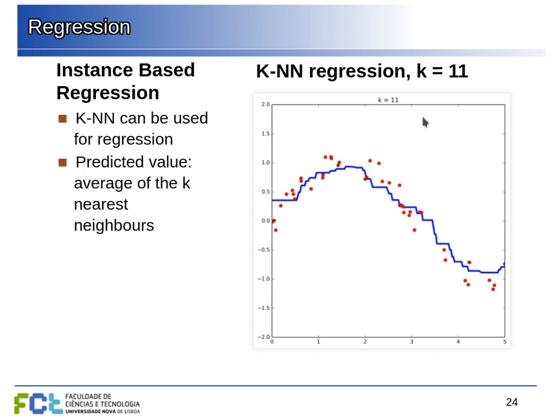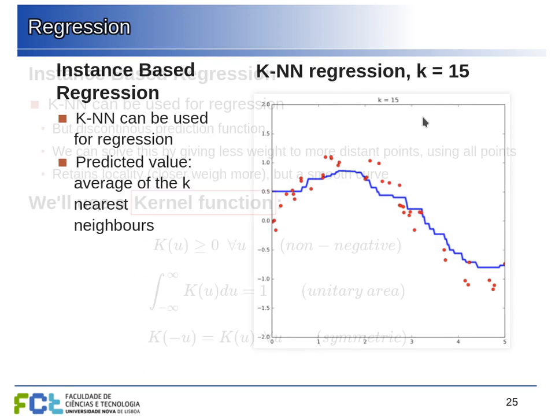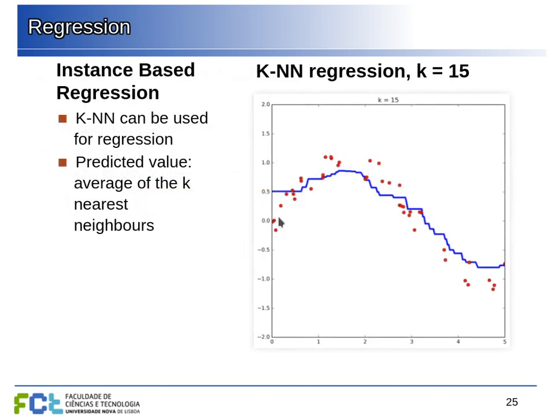We look at the k nearest neighbors, and we aggregate the target values for those in order to make our prediction. Of course, this has the problem that we have all these steps, because we have discontinuities when we switch from one neighborhood to the other, when we lose one point in the k-nearest neighbors and substitute it with another point.